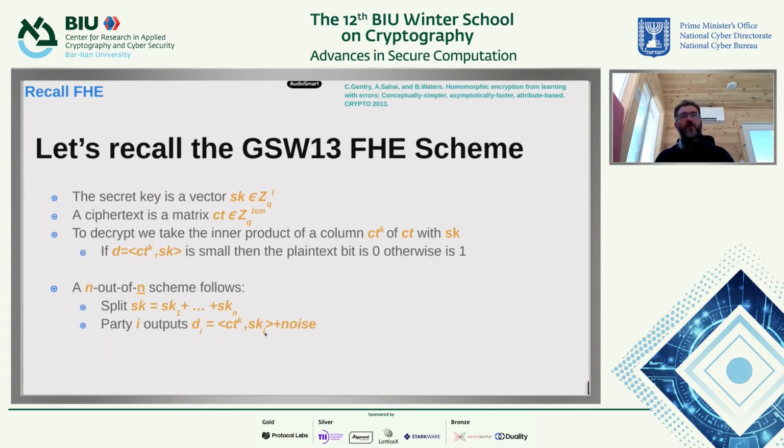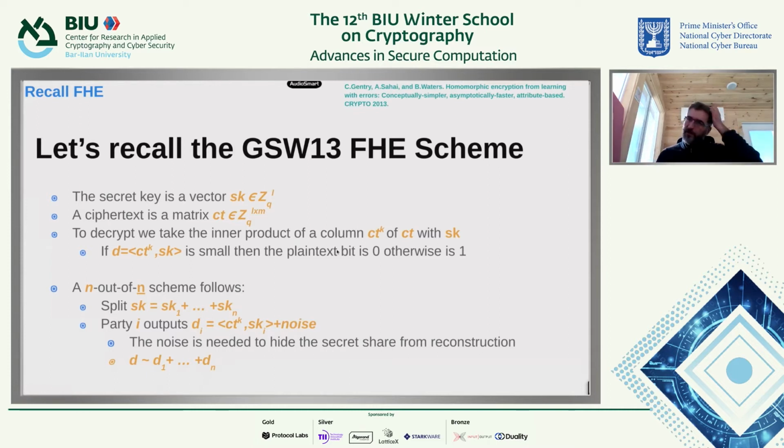So now we have this partial decryption right here. We add this noise because we want to hide the secret share. And then, because the noise is small, when you add all the shares, the noise doesn't grow too much, and so the decryption test will still work. There's enough slack in your parameters that this added noise is still going to give you the same decryption.